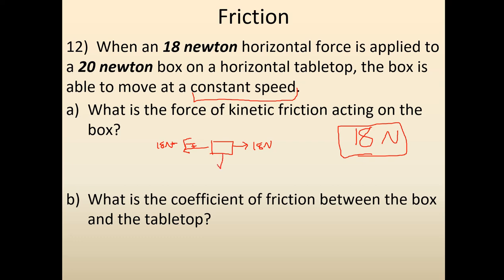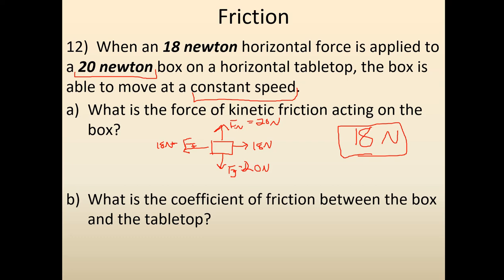So there's force of gravity pulling it down. And if I read the question, it says the box is 20 newtons. Because it's in newtons, I already know that this is my force of gravity. Because it's on a horizontal surface, the tabletop, there's also going to be a normal force, which in this case will also be 20 newtons because the normal balances out the gravitational.